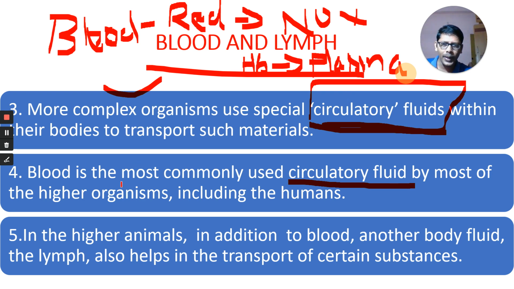Blood is the most commonly used circulatory fluid by most of the higher organisms, including humans. In our body also we have blood. In higher animals, in addition to blood, another body fluid, the lymph, also helps in the transport of certain substances.